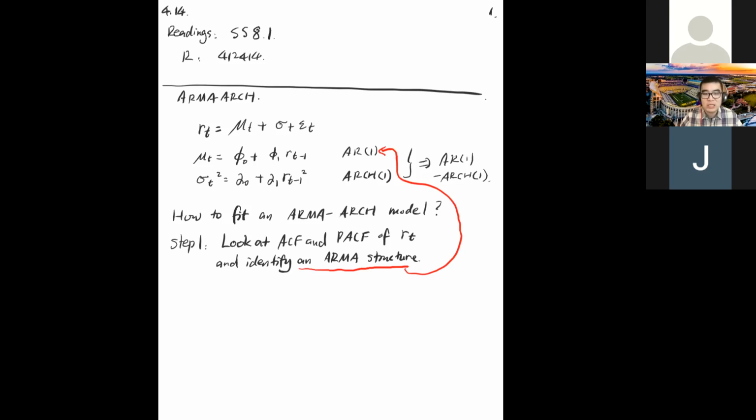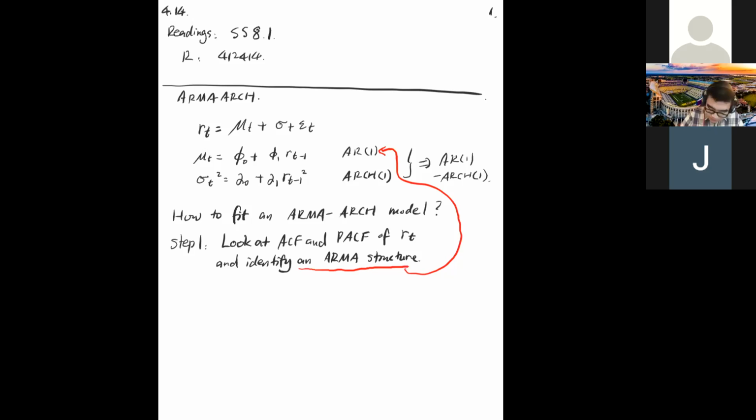We know how to do that. We spent pretty much all our time in our previous class on that. So we look at the ACF and the PACF of the raw data. Perhaps we want to do some transformations here, like the log transformation or the first difference transformation. Then we will identify an ARMA structure. For this class, we won't do the SARIMA here, which is more complicated. We'll just focus on the ARMA structure, but it can definitely be extended to the SARIMA structure. Okay, so that's step one.